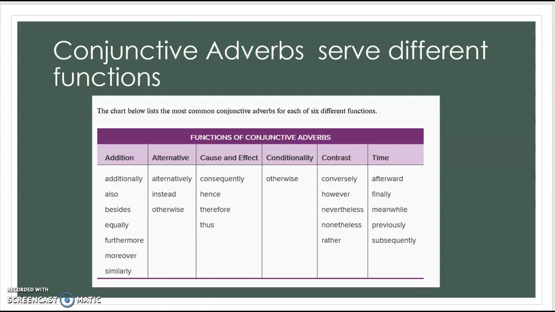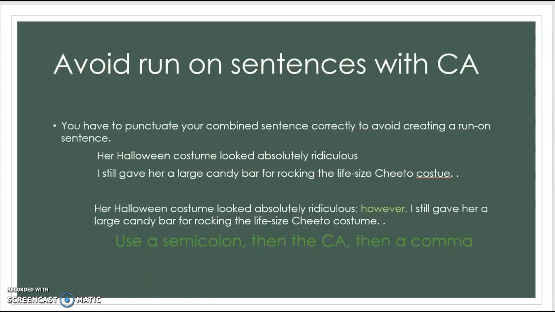Addition, cause and effect, contrast, time. Very similar. You have to punctuate your sentences correctly when you use conjunctive adverbs, just like when you're using comma fanboy, or putting a comma in a dependent clause sentence.